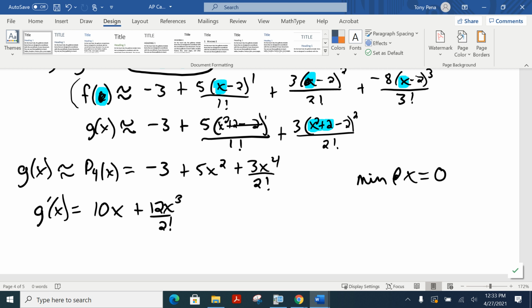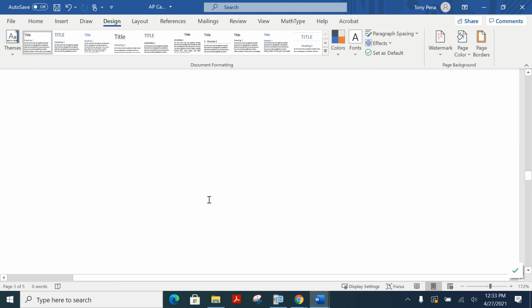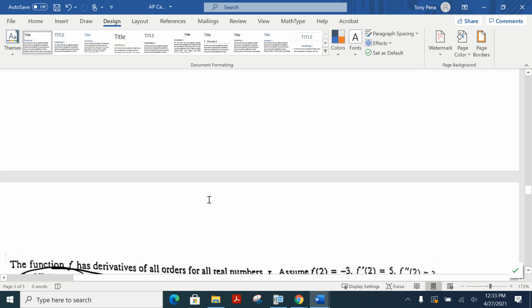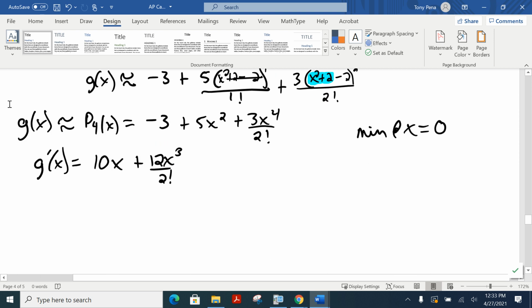Now, understand, this is an approximation for g. So we don't want to factor this, because in reality, g, and I should have an approximation symbol there, sorry, so we don't want to factor that, try to set that equal to 0 and do our sign chart, because this really does have a whole bunch of infinite terms behind it.